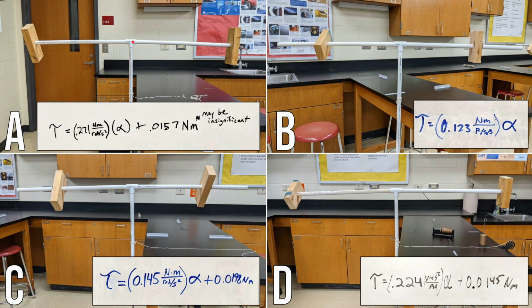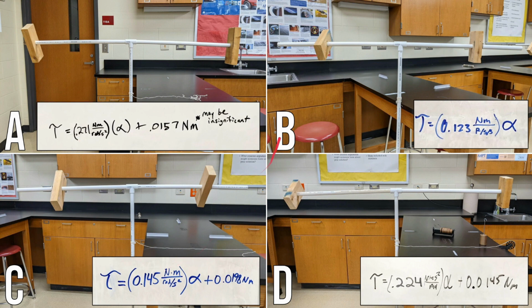The distribution of mass is different. So for A, more of the mass is farther away from the pivot point than group C. It seems like the farther the mass is distributed away from the pivot point in a system, the more it's going to resist angular acceleration. So maybe this number is kind of a quantitative measure of a system's resistance to angular acceleration.